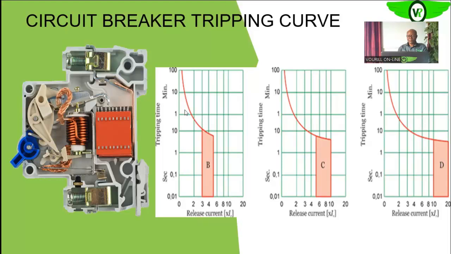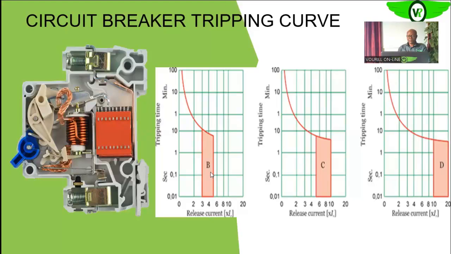So if you look at this graph, what this graph is telling you is that this particular circuit breaker that has this kind of tripping curve will trip instantaneously when it sees a current between 3 times to about 5 times the rated current of the circuit breaker. It will trip instantaneously.